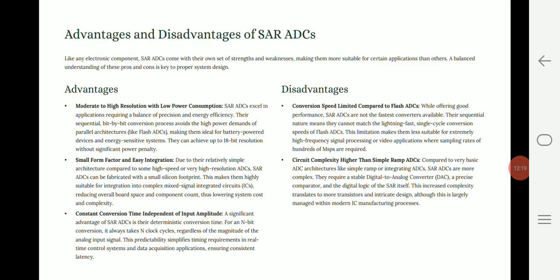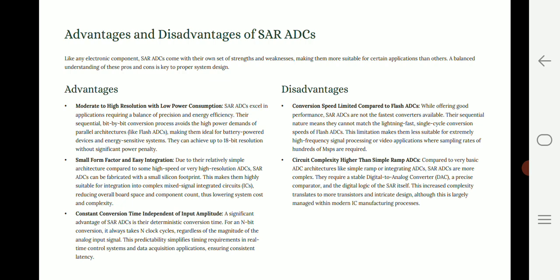So there are some advantages and disadvantages of SAR ADC. Like any electronic component, SAR ADCs come with their own set of strengths and weaknesses, making them more suitable for certain applications than others. A balanced understanding of the pros and cons is key to proper system design.